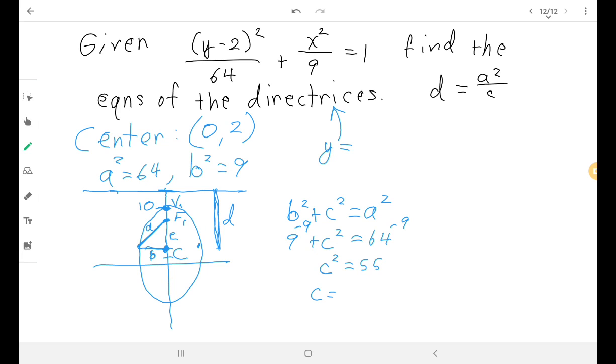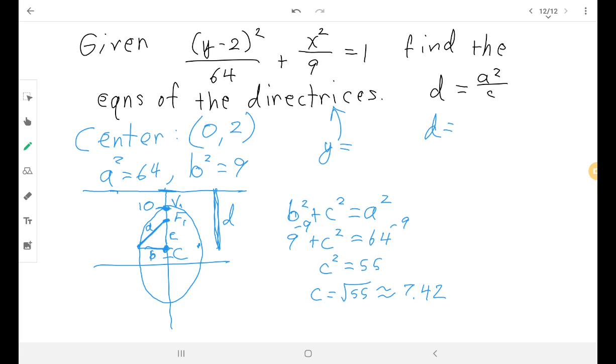So C will be the square root of 55, or approximately, and let me pull out my calculator one more time for this calculation. Square root of 55 is approximately 7.42.